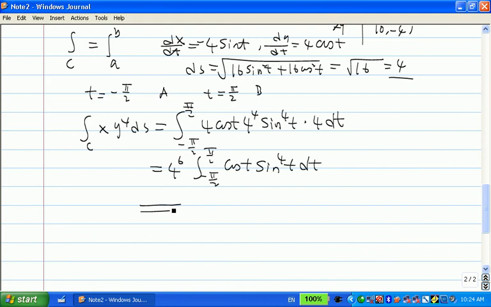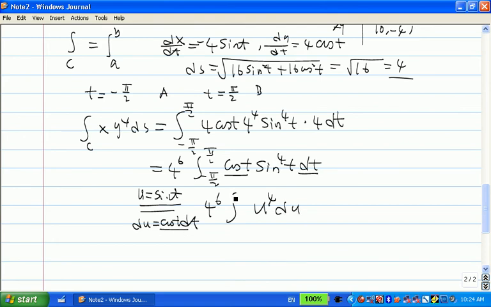The variable substitution will do that. Let u equal to sine t, then du would give you cosine t dt. Then this will give you 4 to the 6th, sine to the fourth t gives you u to the 4th. The thing left is cosine t dt, which simply gives you du.